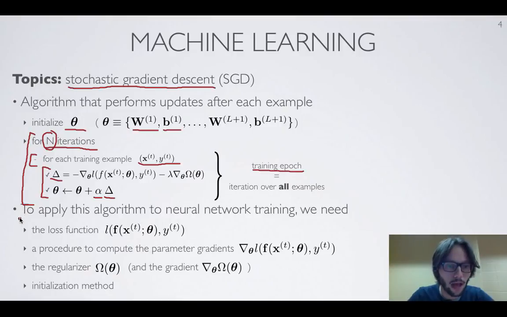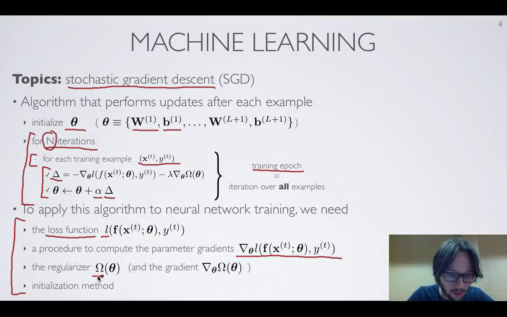Okay, so if we want to apply this general algorithm of stochastic gradient descent, I need the following items in this recipe. I need to define my loss function, this function L. I need a procedure for computing the gradients. Ideally, I want an efficient procedure because I'm going to do a lot of updates and compute this term often.